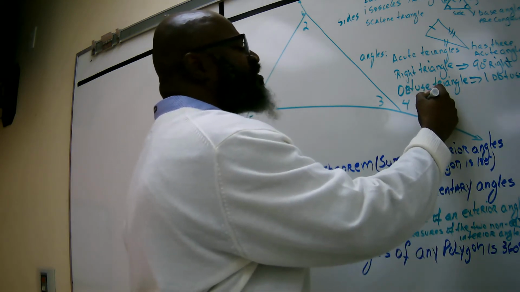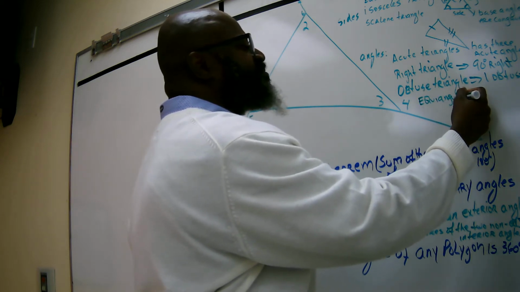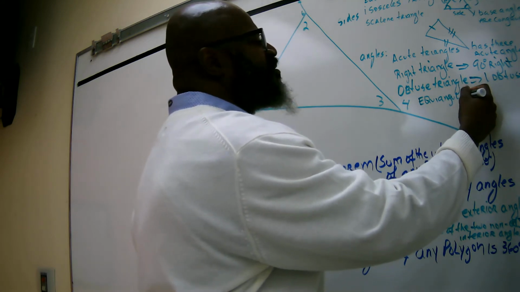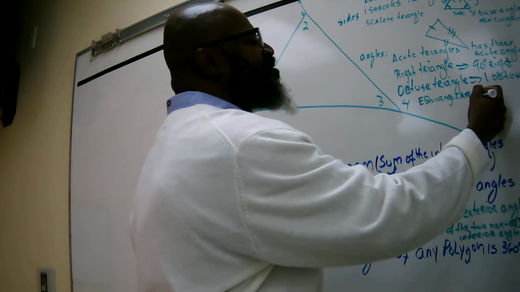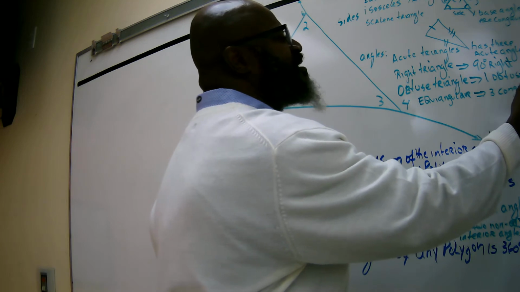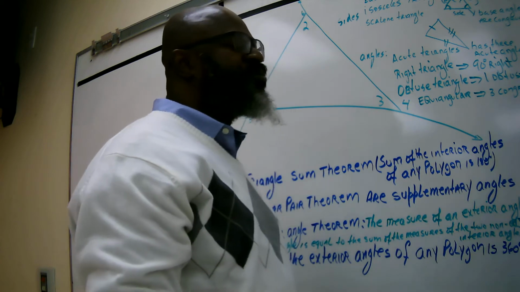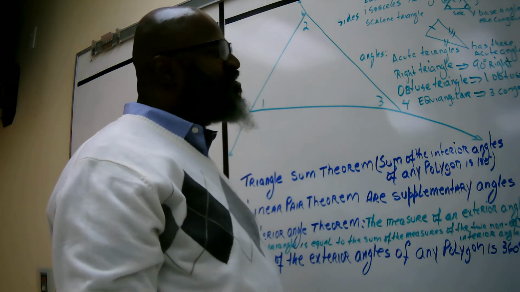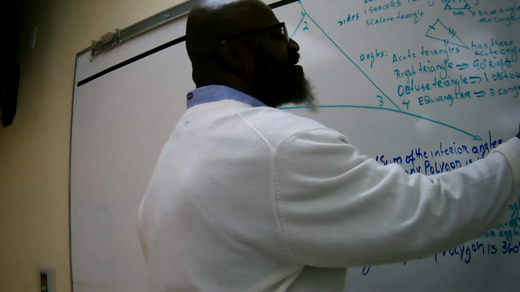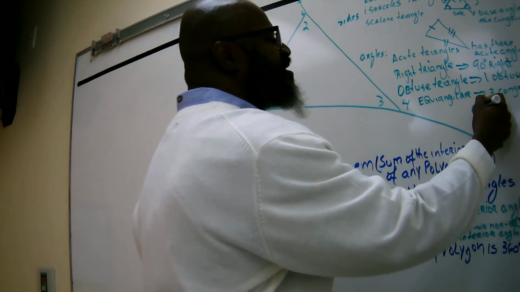And the other one is what you call an equiangular triangle, where it has three congruent angles. Which makes sense: if the sum of the interior angles in a triangle is 180, you divide by 3, so each angle will be 60 degrees.